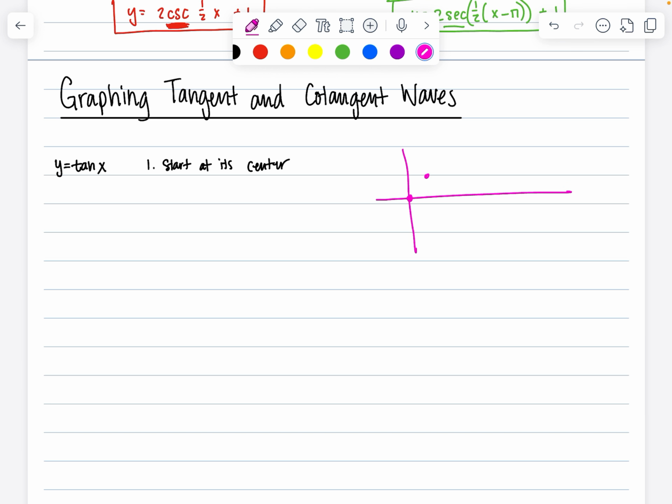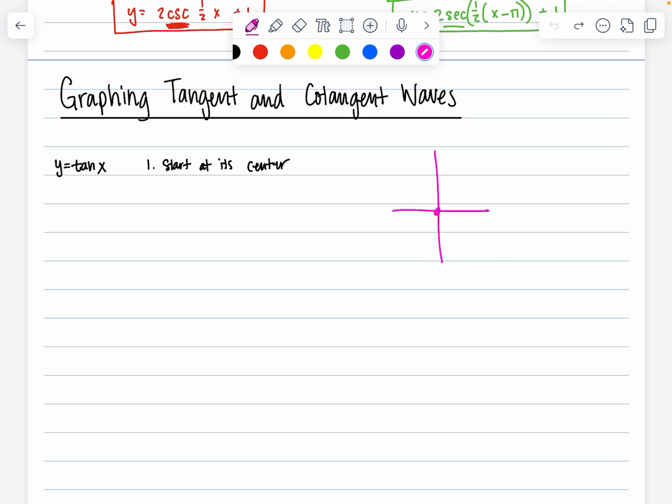We graph its maximum, then midline, then minimum, then midline again, going from left to right. So we start at the farthest left point and then go 4 more points from there. Tangent, on the other hand, starts at its center point, and we go 2 to the left and 2 to the right. A tangent wave will typically look like this. It goes up from left to right.